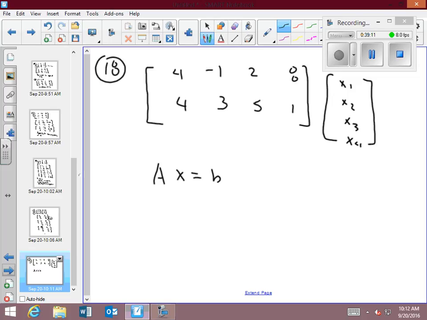So it has to be linearly dependent. That's what we do for 8.